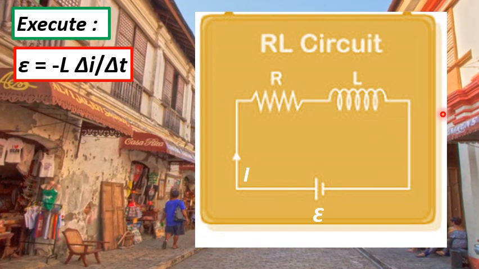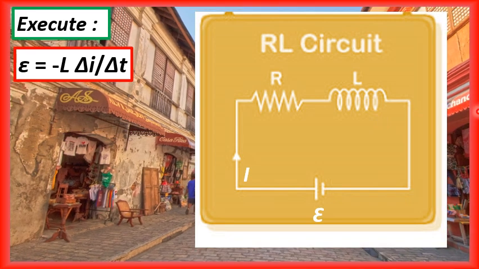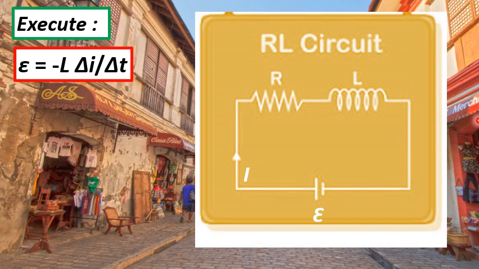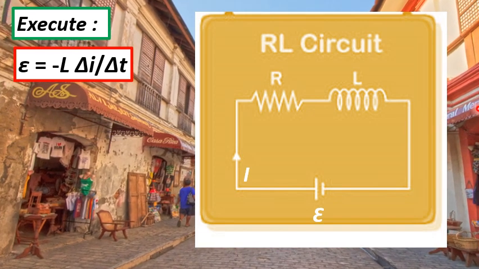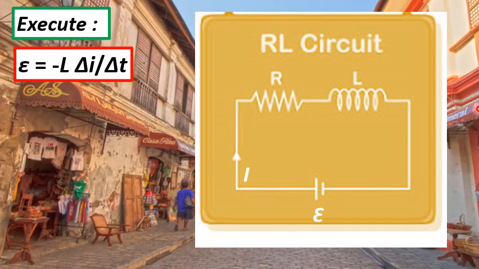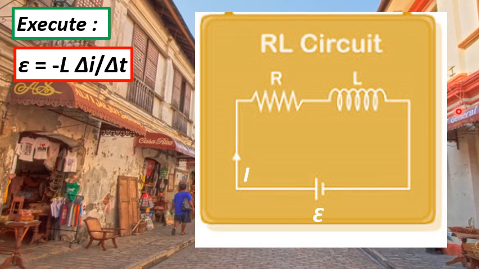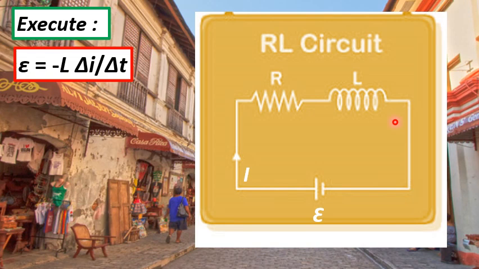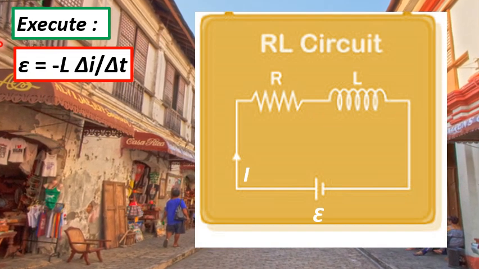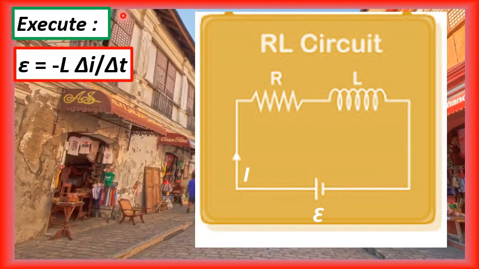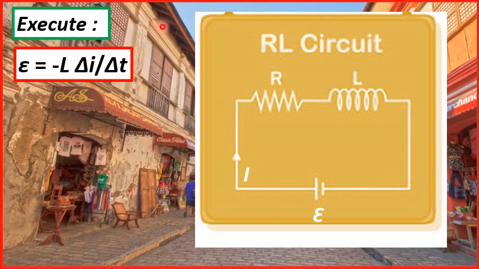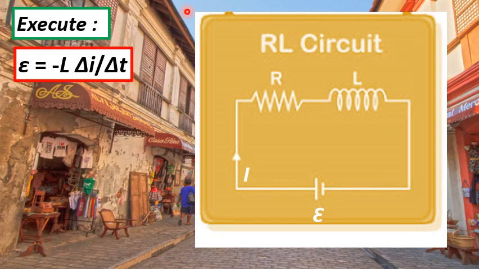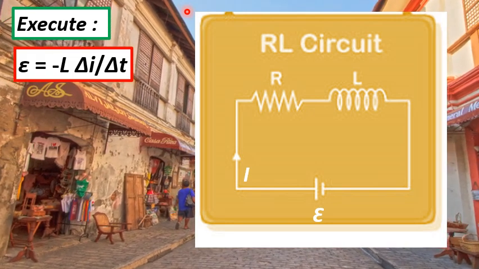So the inductor actually slows the growth of the current when the circuit is completed. The increasing current through the inductor induces a negative EMF. That is why there is a negative sign in this equation. That is in accordance with Lenz's law of electromagnetic induction.